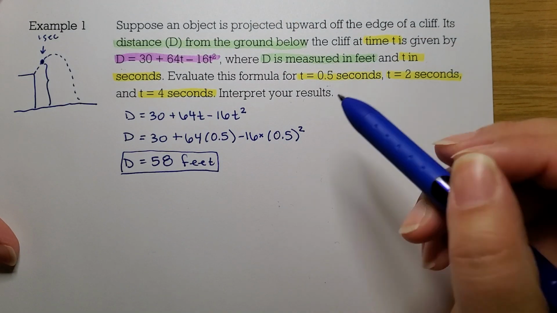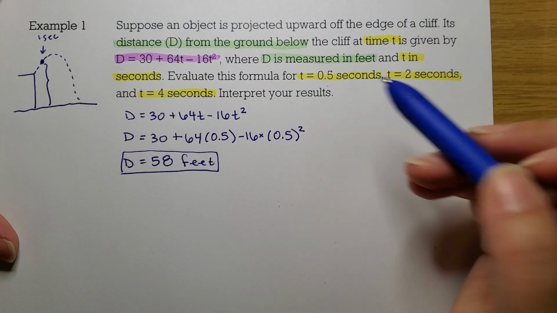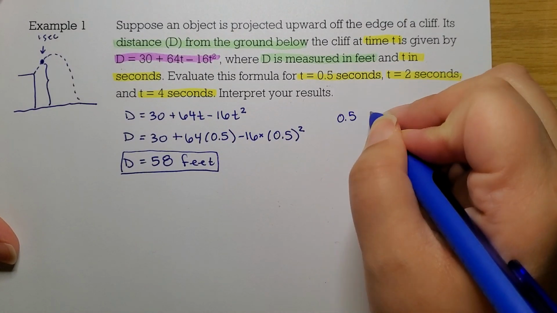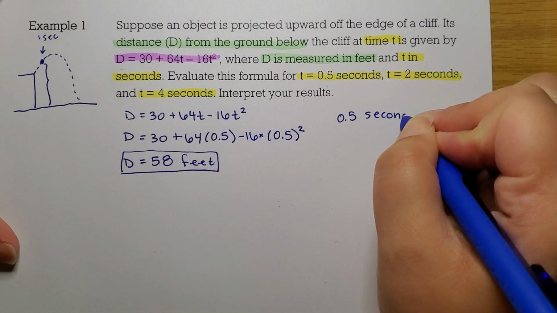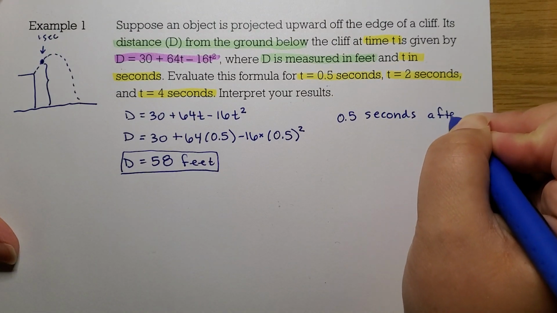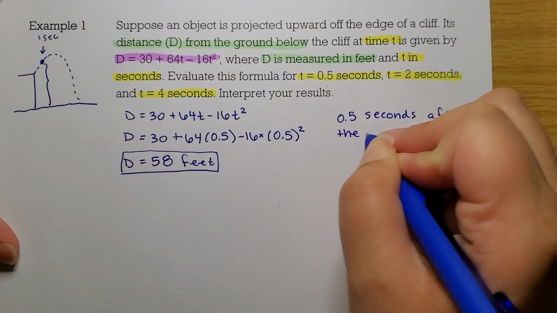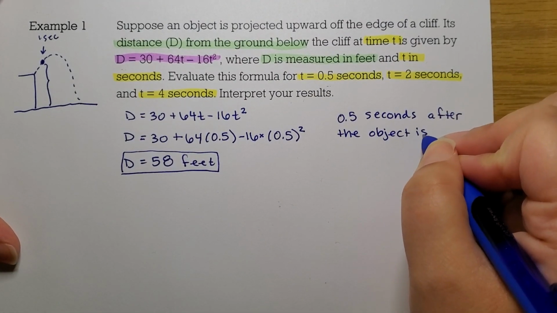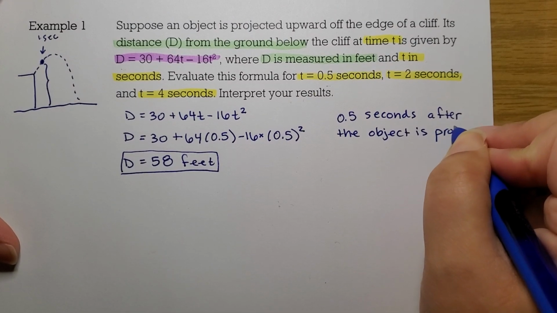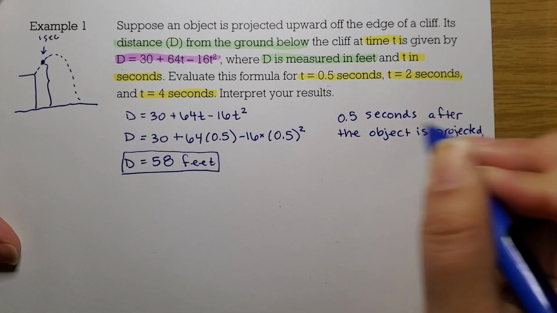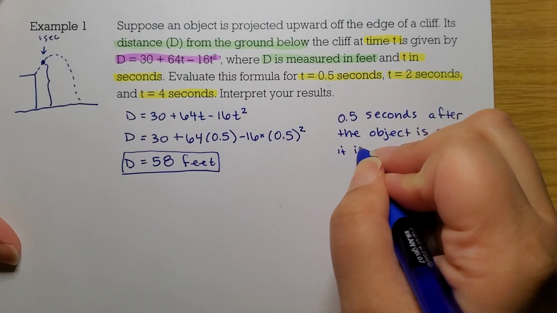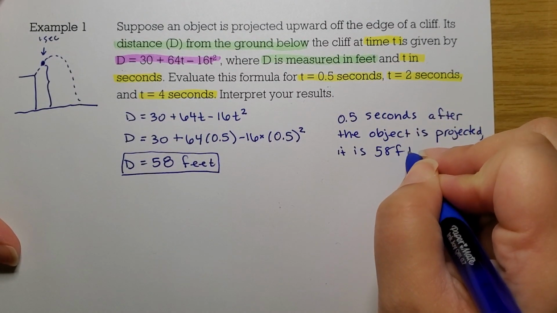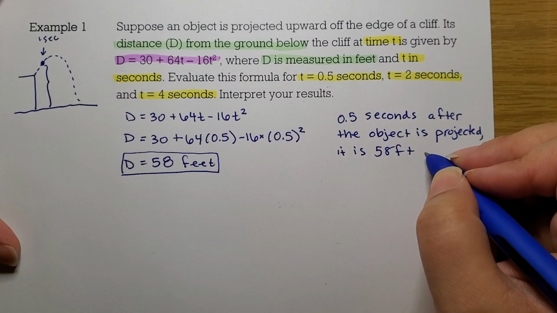So in this case, since our time was 0.5 seconds, we could say 0.5 seconds after the object is projected, it is 58 feet from the ground.